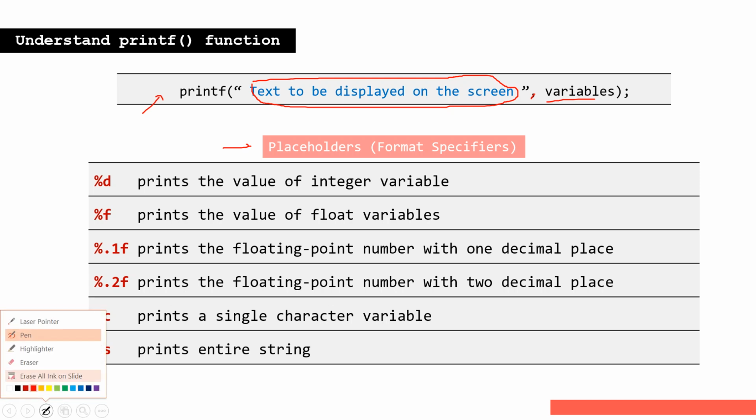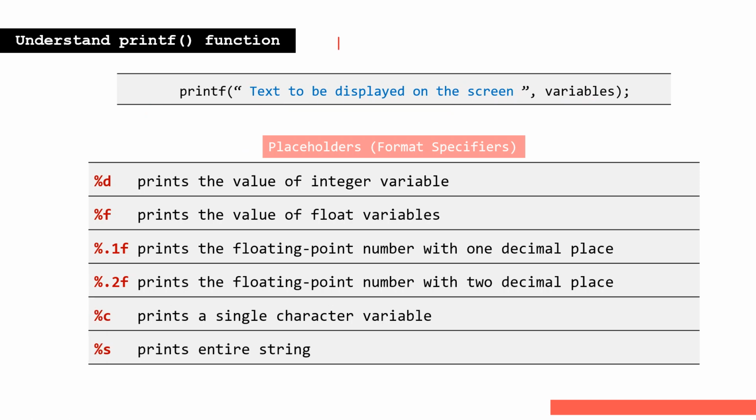Now suppose I want to print printf "my age is", and let us say I am writing 17 or 21, something like that. And here I want to print the age.